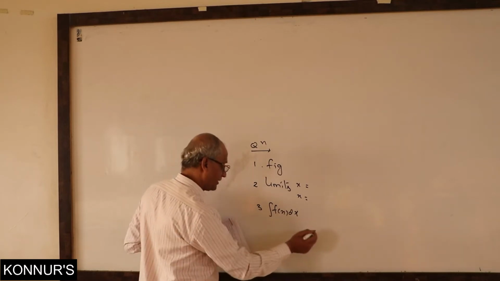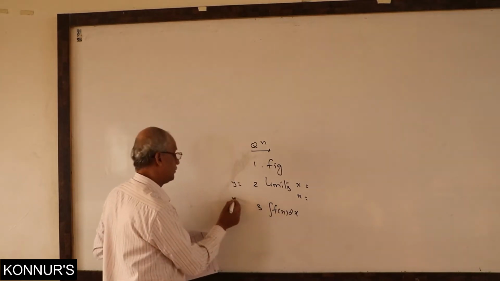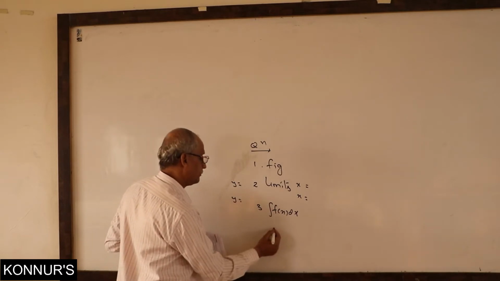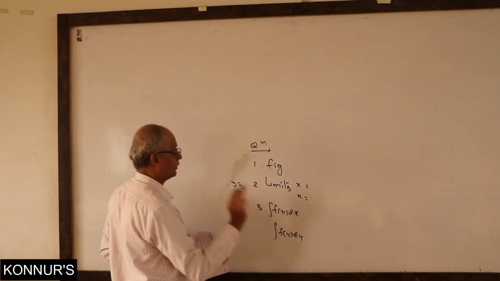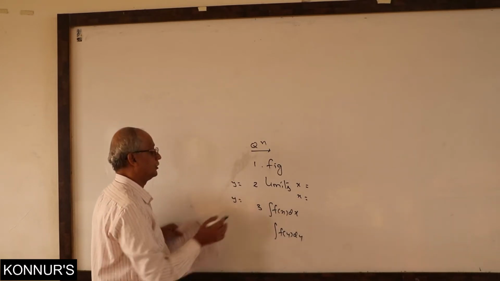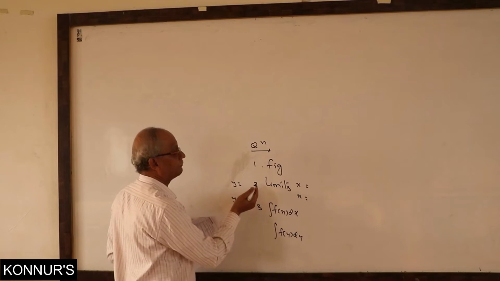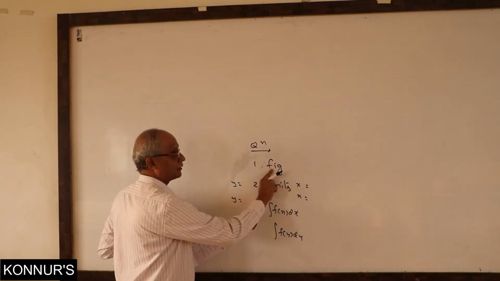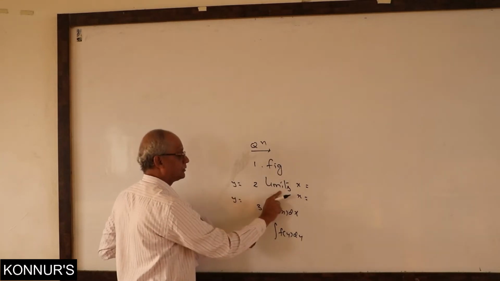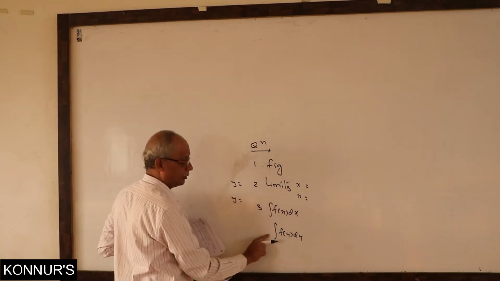If they give y limits, you have to find the integral of a function of y dy. Very direct problem. In CET they are giving direct information. Observe the diagram first if possible, then limits, then the integration rule.